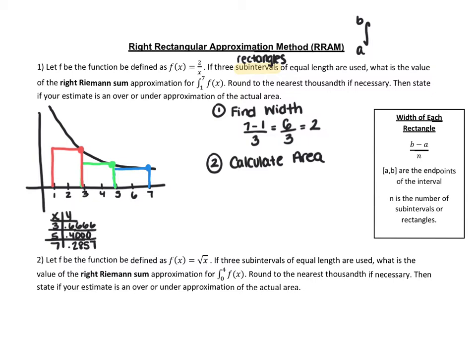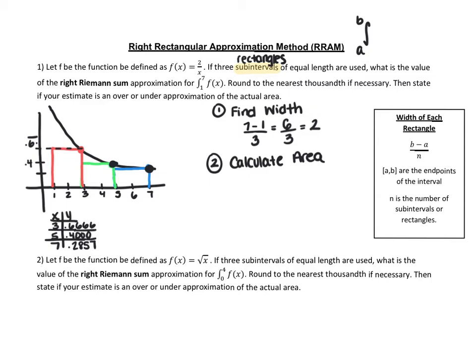So what these y values mean is that when x is 3, this height here is 0.6 repeated. When x is 5, the height all the way over here is 0.4. And then when we're at 7, my height all the way over here is 0.28, abbreviated.